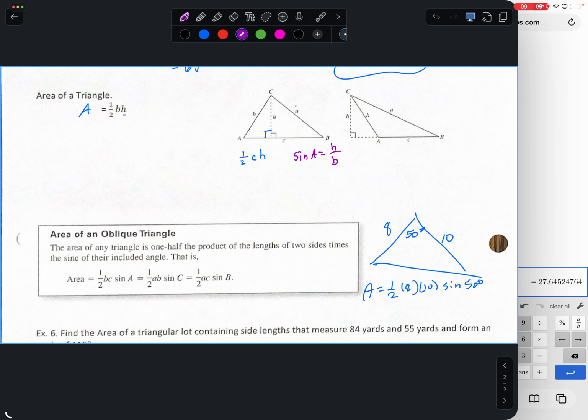If I solve that for height, I get that the height is b times the sine of A. So I'm going to substitute that in for height right here. And so the area can be 1/2 of c times b times the sine of angle A.